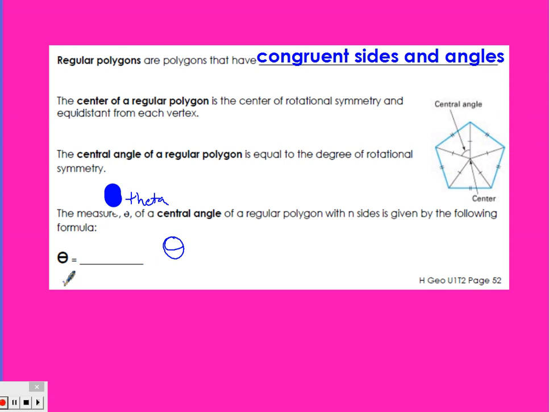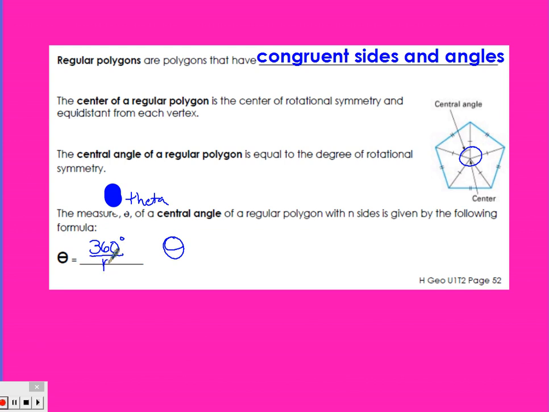So I want you to think about this for a minute. Here we have a pentagon, right? And we know how many degrees there are in a circle, so what would the measure of each of those angles be? We take 360 degrees and we divide it by what?